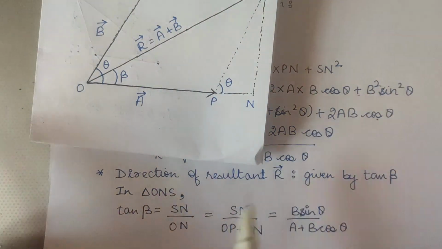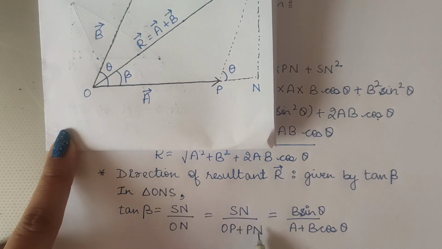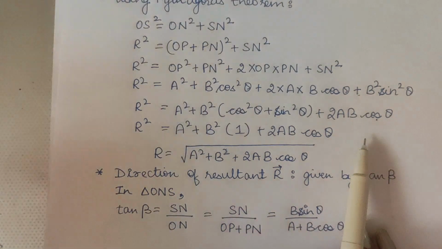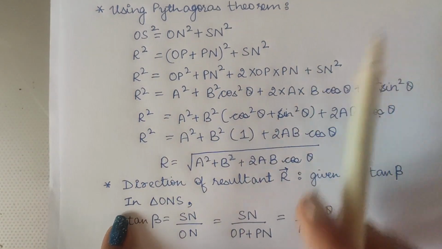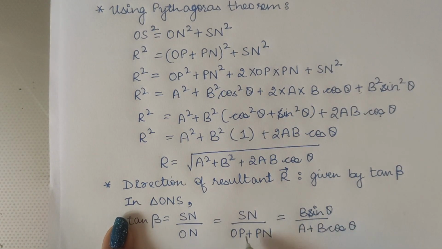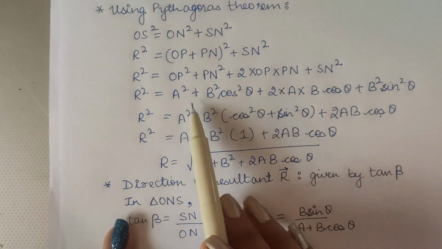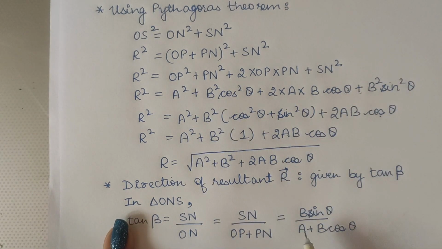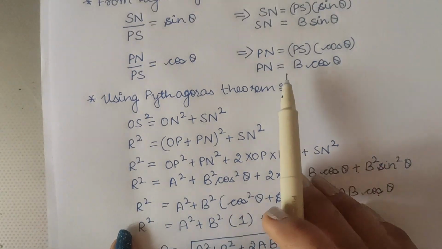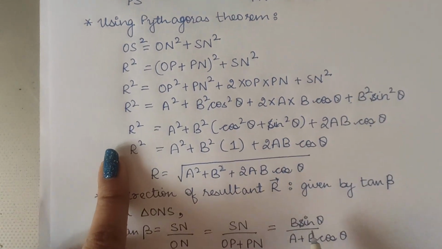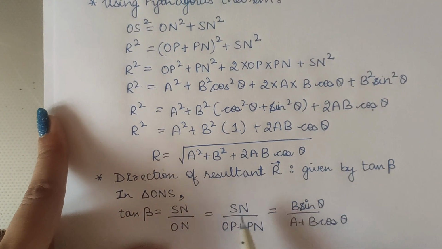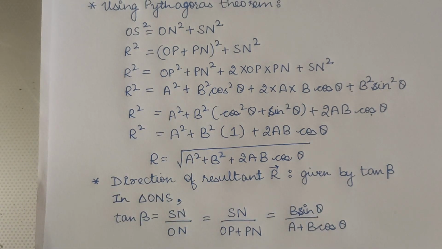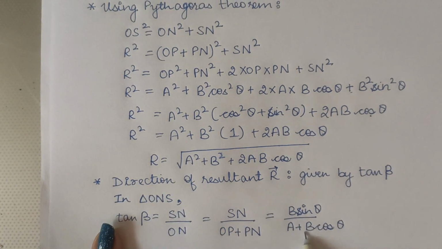Now let us substitute the values. SN is equal to B sin theta. OP is nothing but A, and PN, as we have already calculated, is B cos theta. So the direction of resultant is given by tan beta equal to B sin theta upon A plus B cos theta.